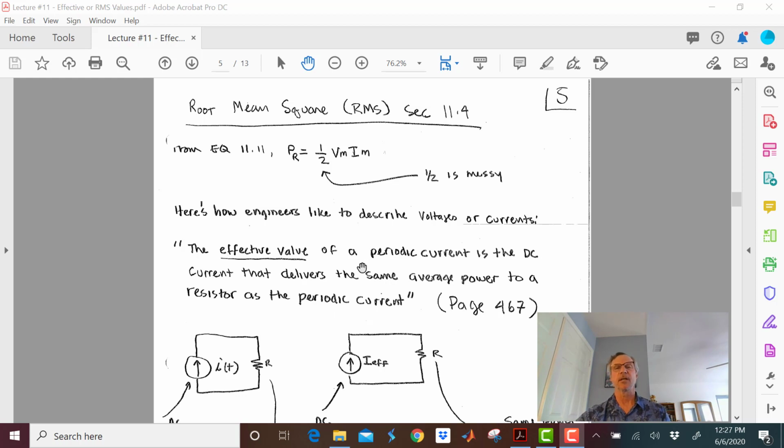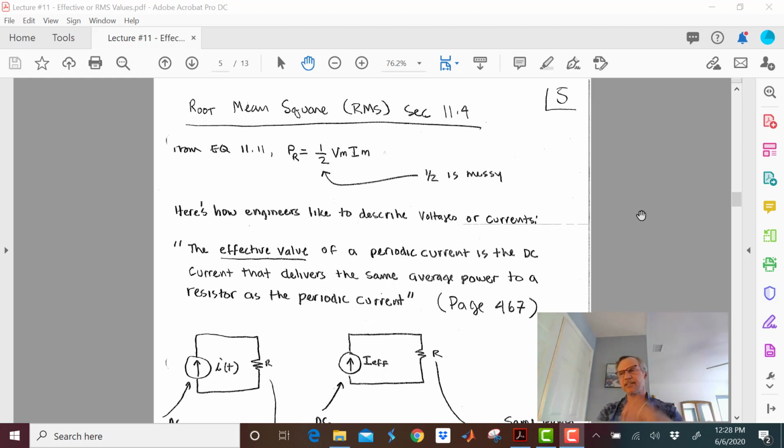So I'll lay out what they said right here. The effective value of a periodic current is the DC current that delivers the same average power to a resistor as the periodic current. Now that's a beautiful description, but I think it's beautiful to me because I already know it.